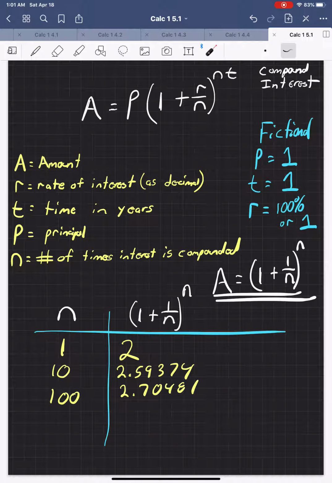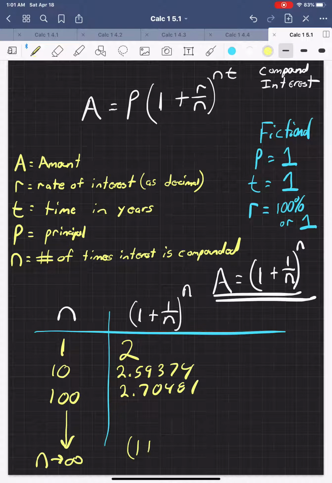So here's what's interesting. If you keep choosing larger values of n, in other words, as n approaches infinity, what does (1 plus 1 over n) to the power of n approach? It converges, or approaches, e.